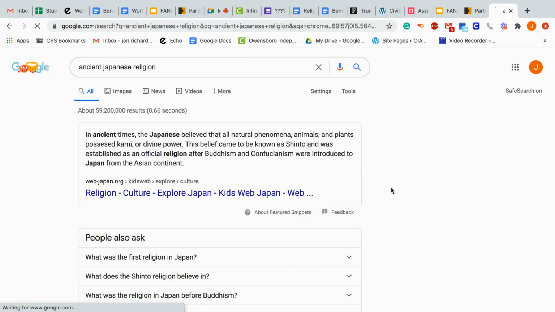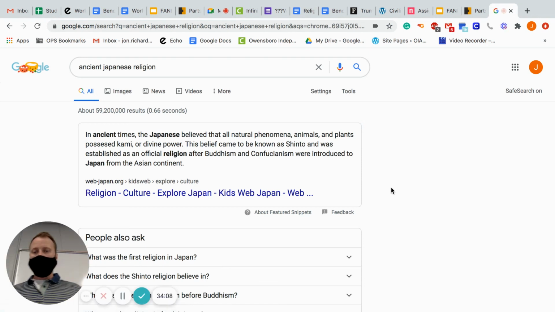Now, a number of you are doing Japan. Japan has a lot of different ancient dynasties. You don't have to find the specific one, but you can pick one and focus on that. I'm not going to be really strict as long as you're looking at a historical religion. I had another student say that they were researching Viking history.